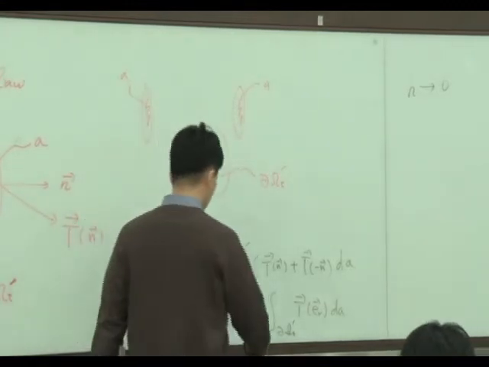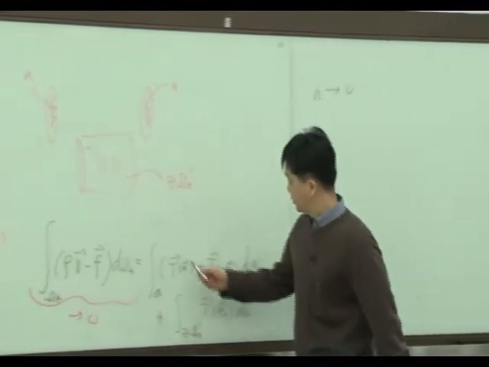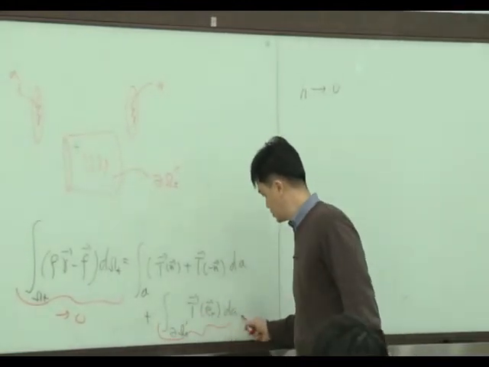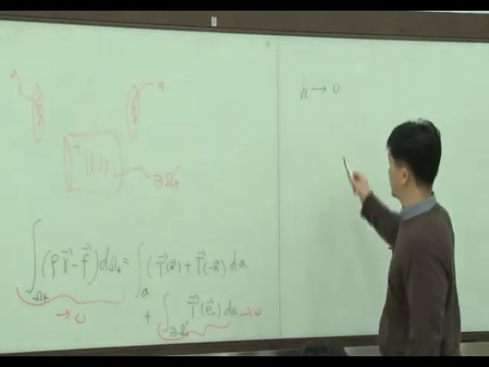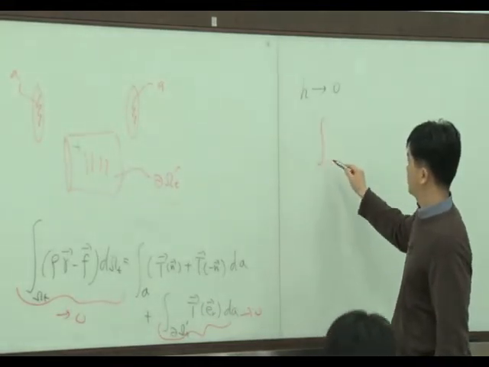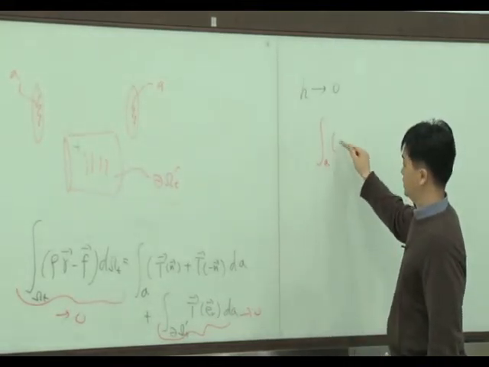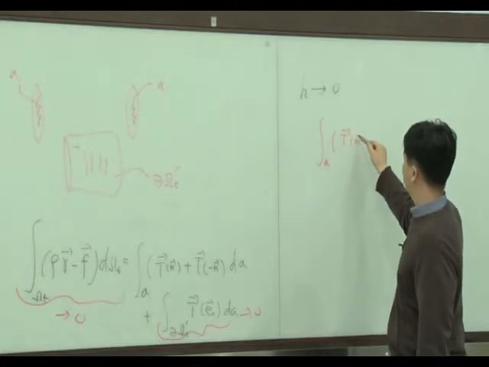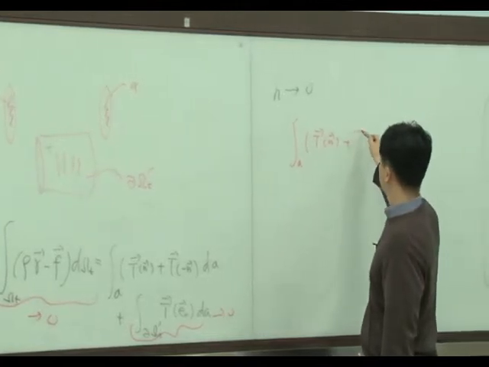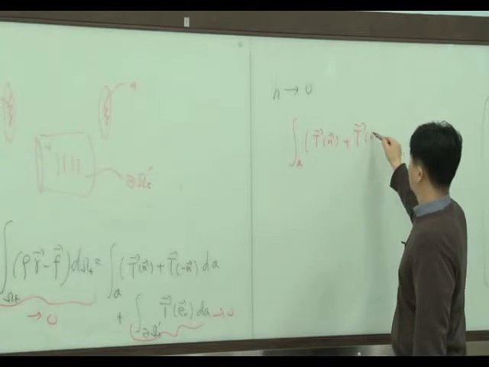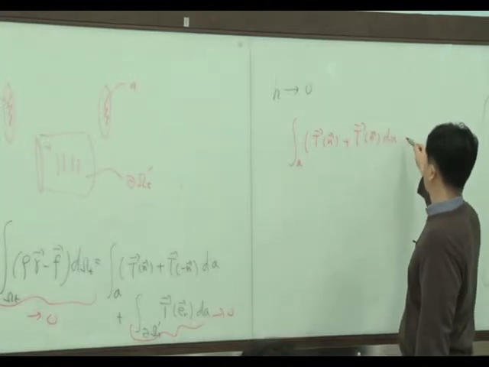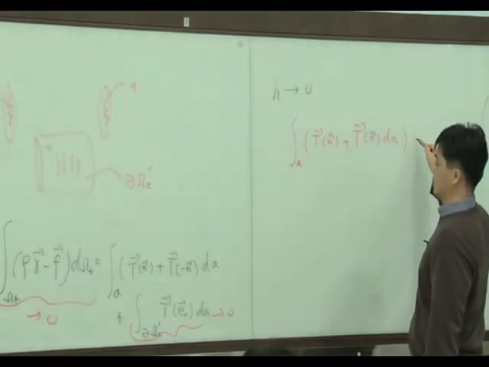So this term goes to 0, and also this term goes to 0. So finally we have the equation: t(n) plus t(minus n) dA equals 0.